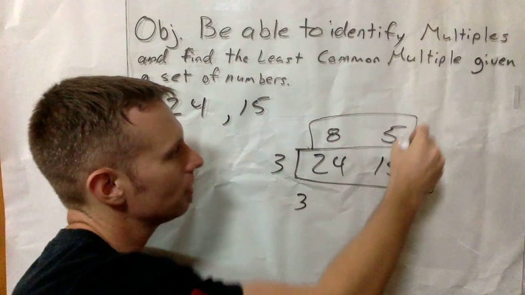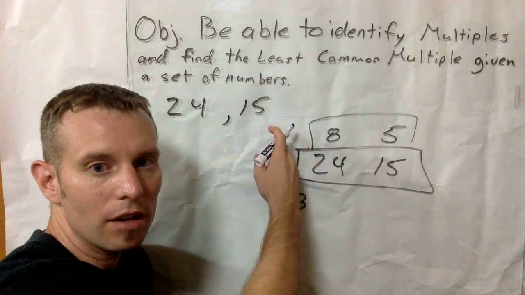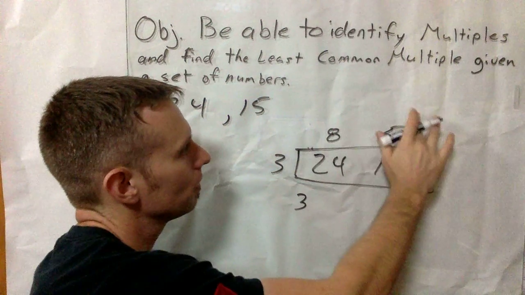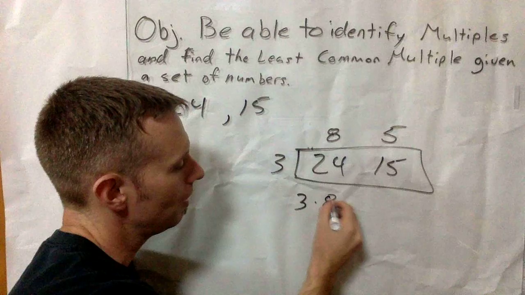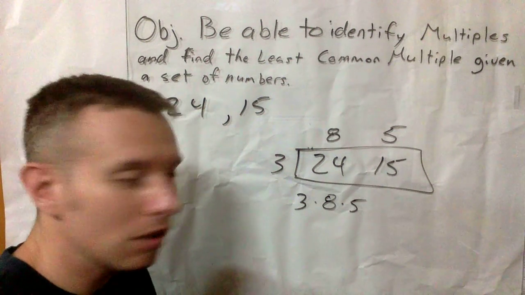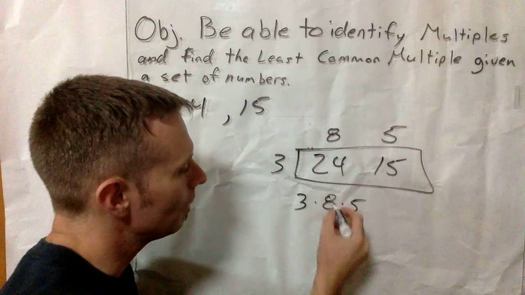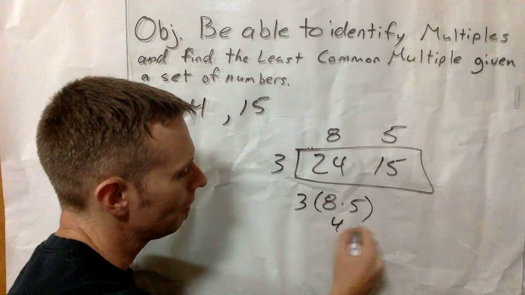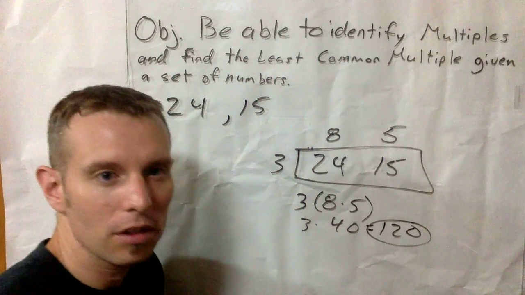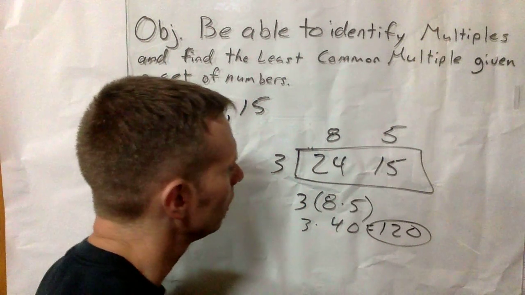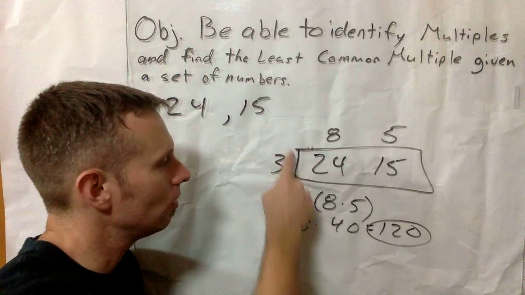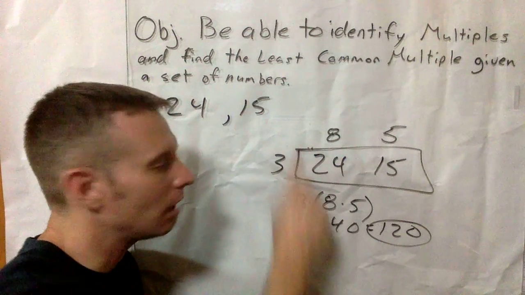If you accidentally put this here and there was nothing to factor out to go higher, you would still multiply this times the top numbers. Okay, so 3 times 8 times 5. Let's see, we use the commutative property to make this math a little easier. Let's do 8 times 5 is 40, and 3 times 40 is 120. Again, the least common multiple. Not to be confused with the greatest common factor, which is only the numbers on the side.